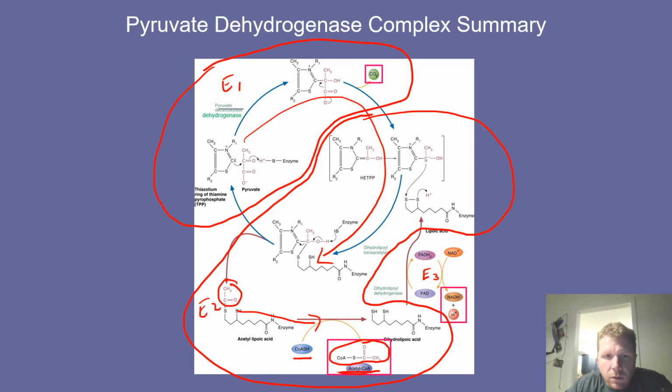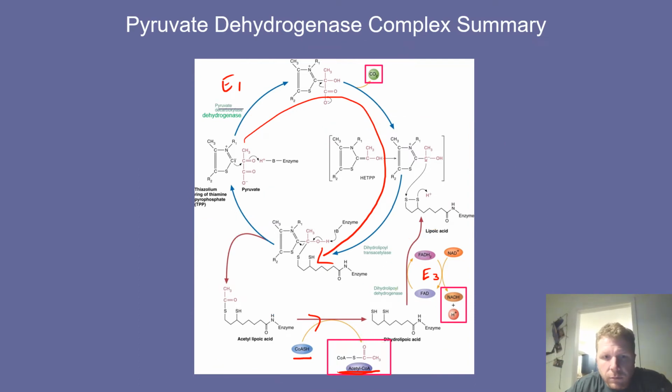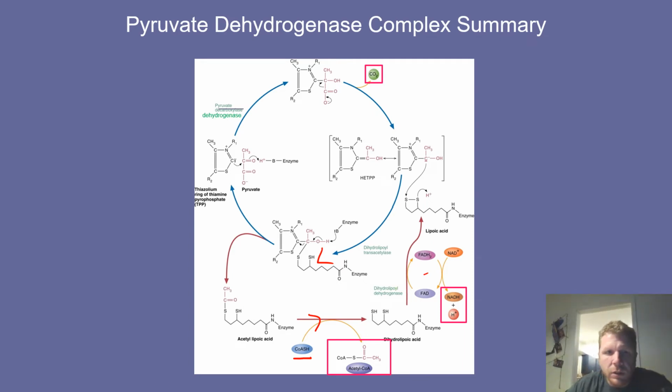So I'm going to erase all of my writing right here and just say what's happening. Here's our pyruvate molecule. Here's our enzyme. Here's a cofactor, TPP. Now, with the help of our enzyme and this cofactor, we're going to position pyruvate so that it can be decarboxylated.